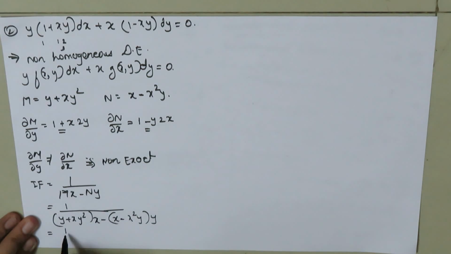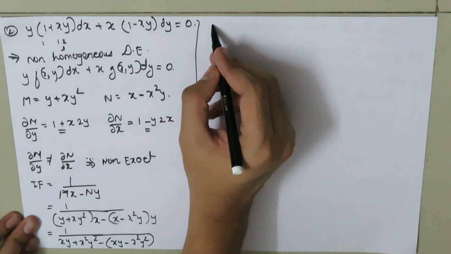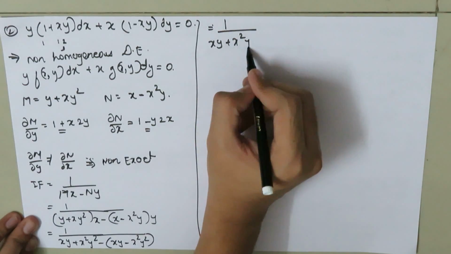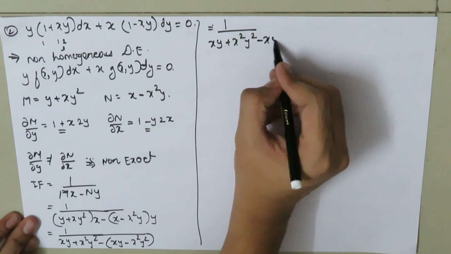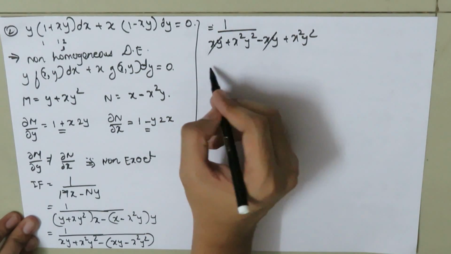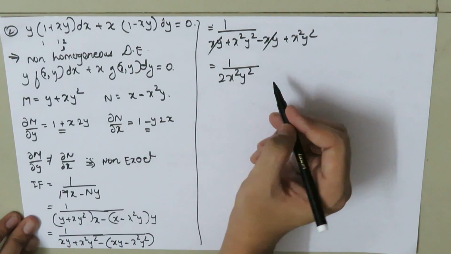So this will be equal to 1 upon xy plus x squared y squared minus xy plus x squared y squared. So the negative and positive will get cancelled, so it will be 1 upon 2 x squared y squared.